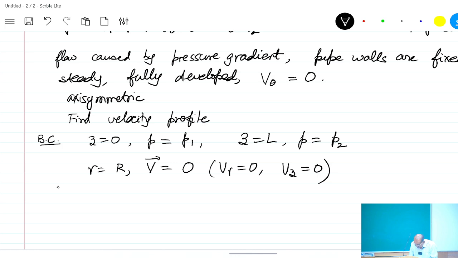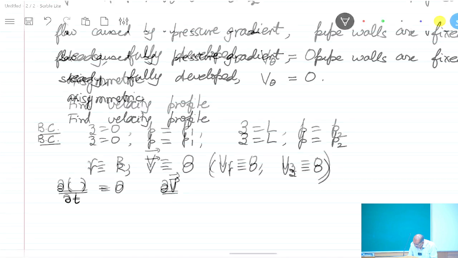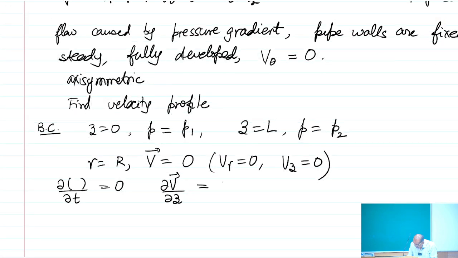Now, these two things follow from a fully developed flow. So this comes from the fact that the flow is fully developed, and this comes from steady.